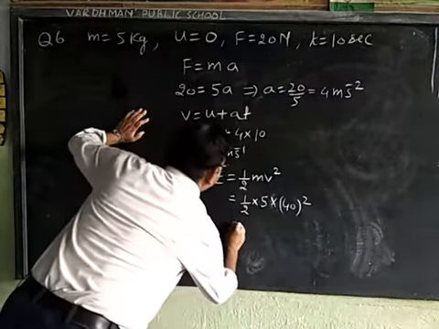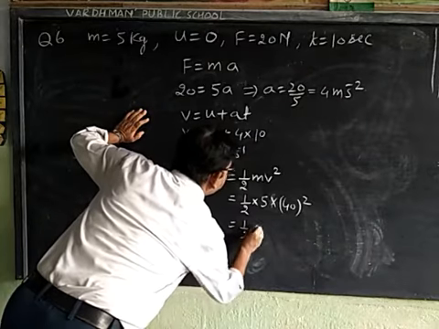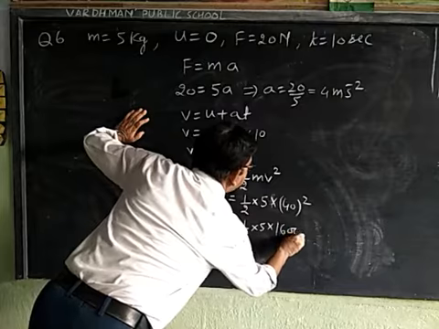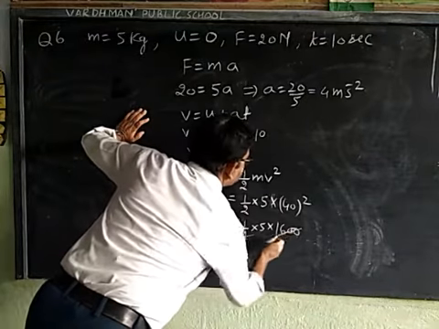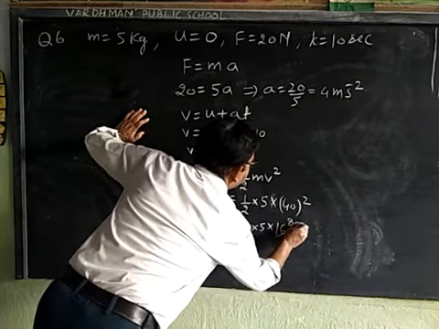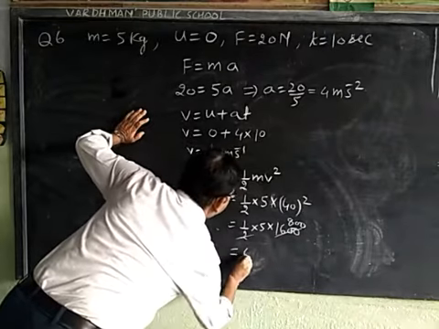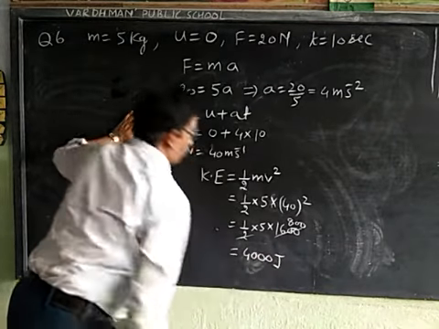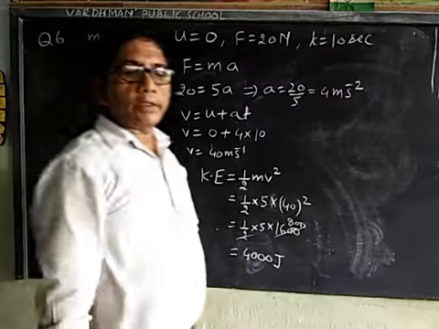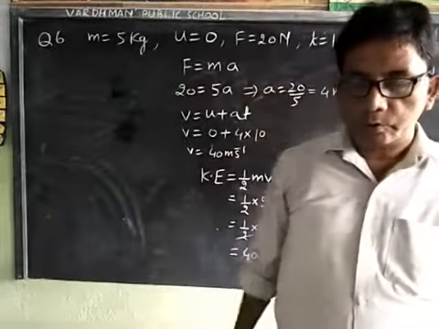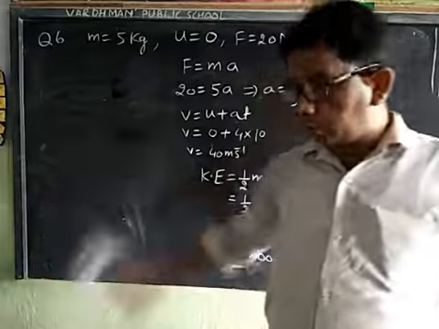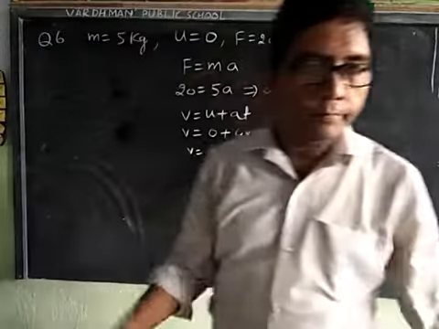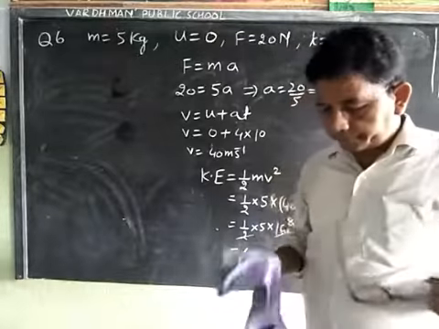Thus we get 1 upon 2 into 5 into 1600, and cancelling this, 800, we get 4000 joule. Kinetic energy of the body is 4000 joule. Now we will discuss the next numerical.